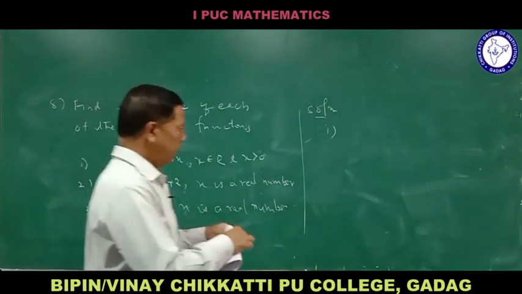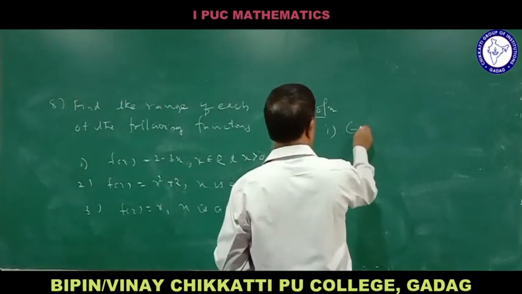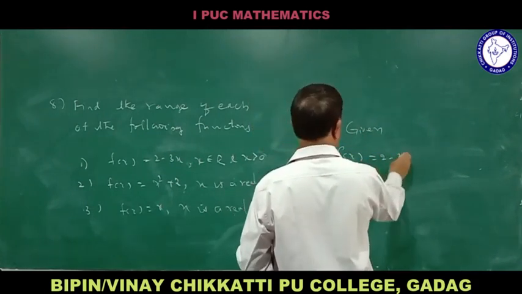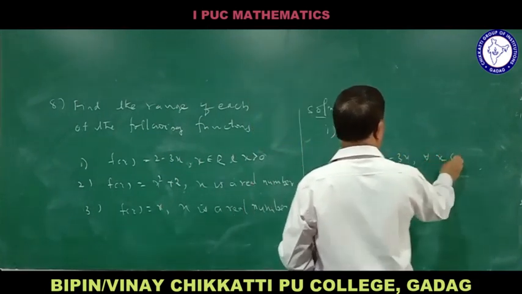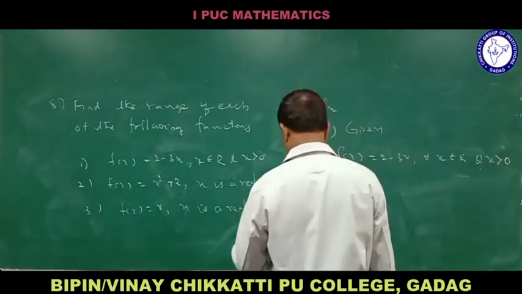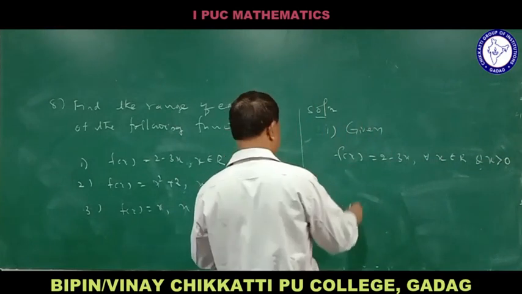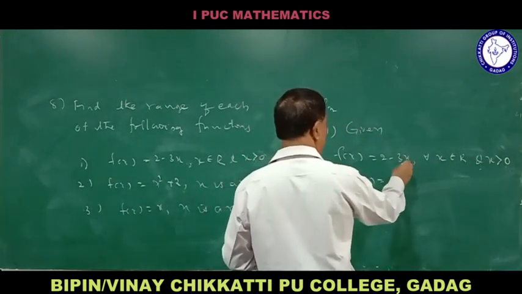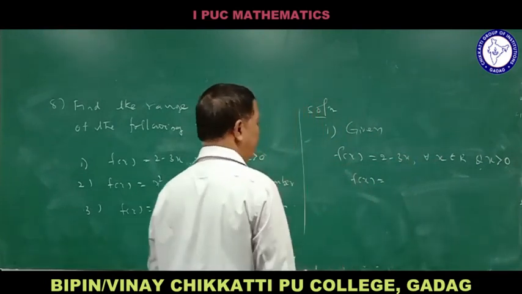And I explain here, according to the condition given, f of x is equal to 2 minus 3x, for all x greater than 0. When x is greater than 0, you have to see f of x. Suppose x is equal to 0, you will get 2.